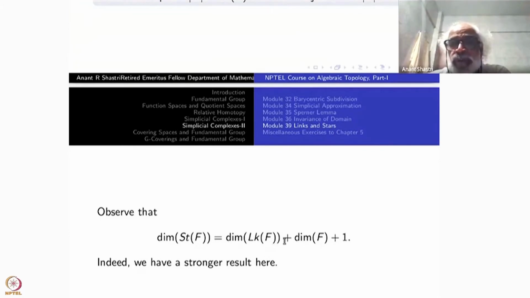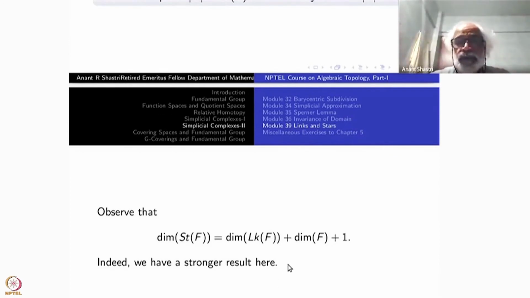Therefore, you get dimension of G plus dimension of F plus 1. This F is kept fixed. The element which comes here is disjoint from F, such that the union is here. So this formula is obvious. That is what I mean by saying what we are doing is purely combinatorial, no topology here as such.